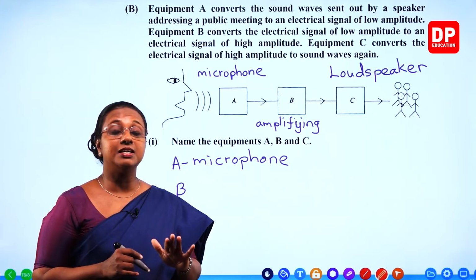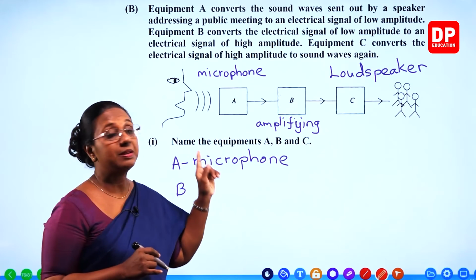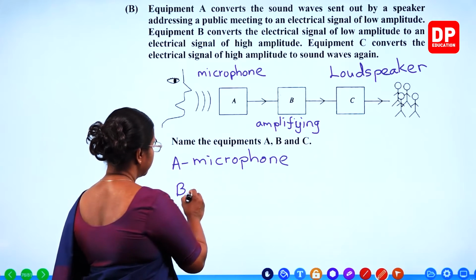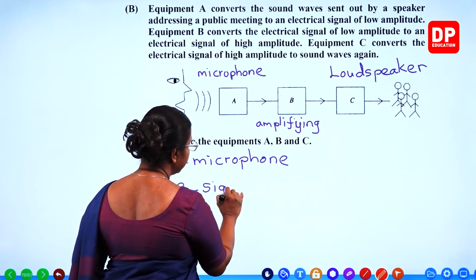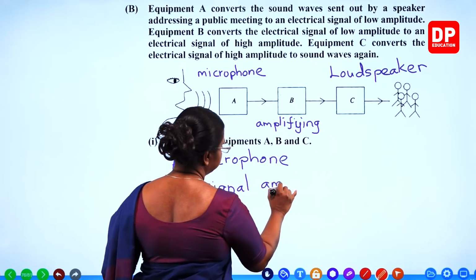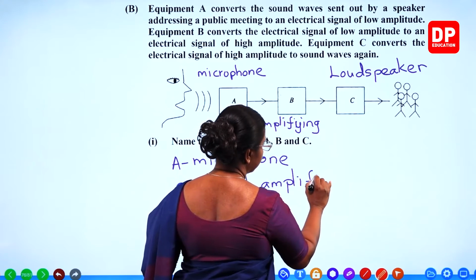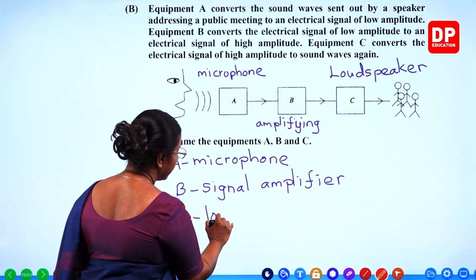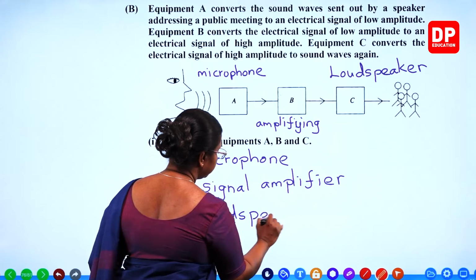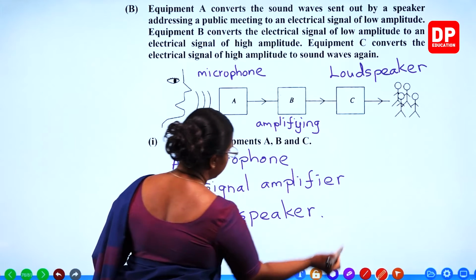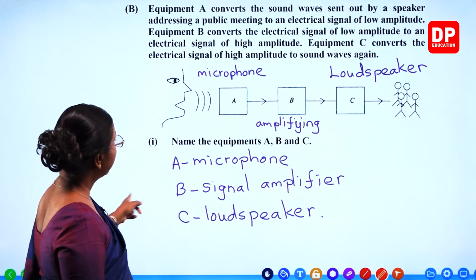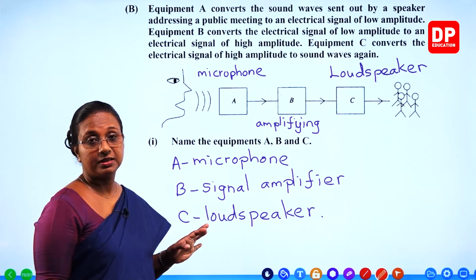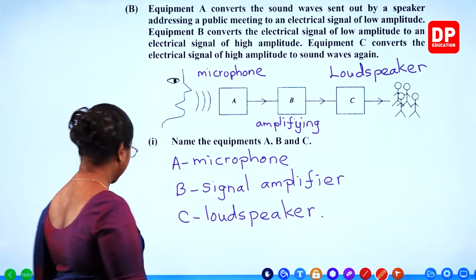Then what type of amplifier is that? It has to be a signal amplifier. Then C, as we identified, is the loudspeaker. So A is the microphone, B is the signal amplifier, and C is the loudspeaker. So with that, I'll move on to the next part.